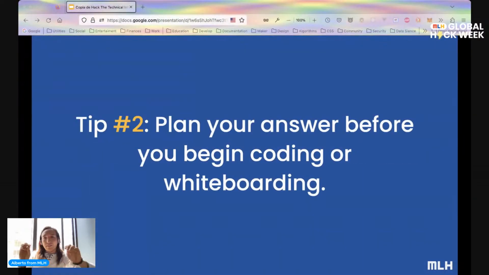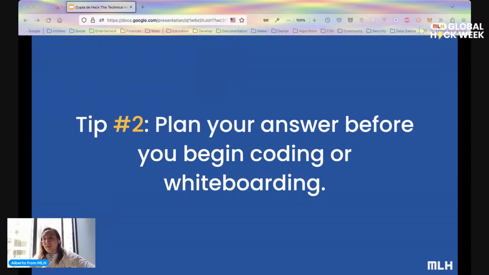The next tip is to plan your answer. If you just start writing code, it could mean two things: you really understand the problem and you are already giving a solution, and that's good. But best practice is to first think about what your function needs to do.